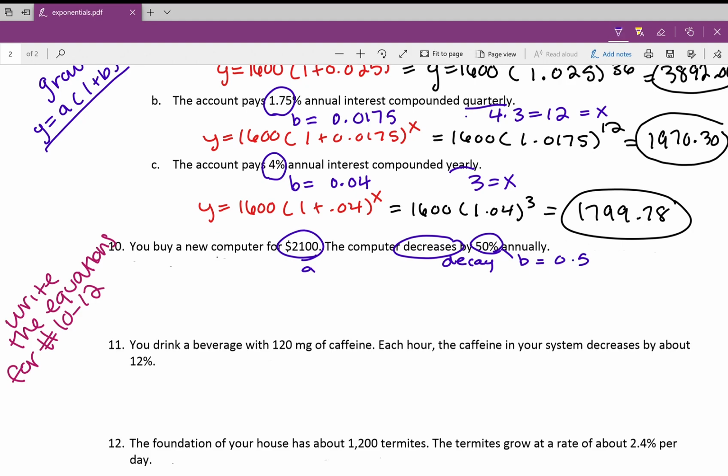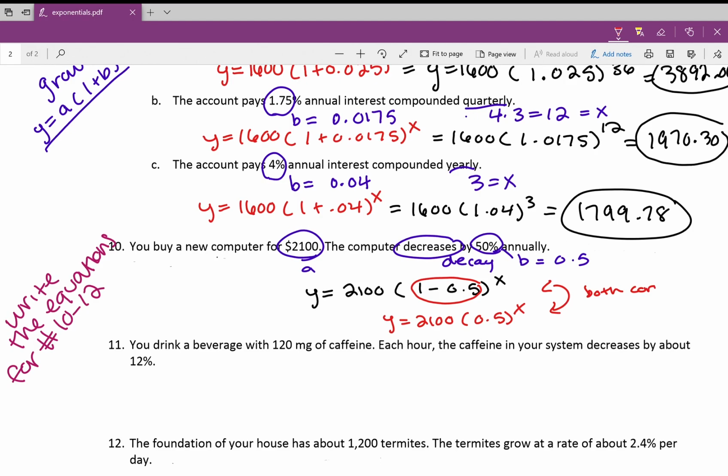So the equation that you should have got was y equals a, which is 2100, parentheses 1 minus 0.5 to the power of x. Or you could have simplified this inside part right here, and you could have wrote y equals 2100 times 0.5 to the power of x. Either answer is correct. They're both correct. So if you put either one, you are good.